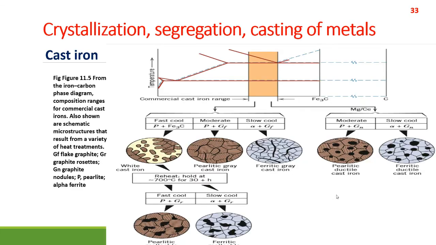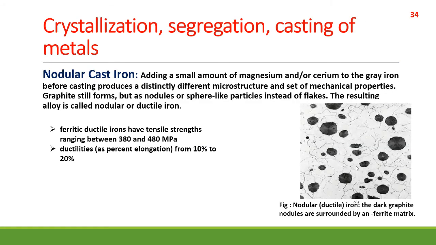So here is the thing. This is our nodular or ductile cast iron, where magnesium or cerium is added as an alloy. Here is a microstructure of the nodular or ductile cast iron.